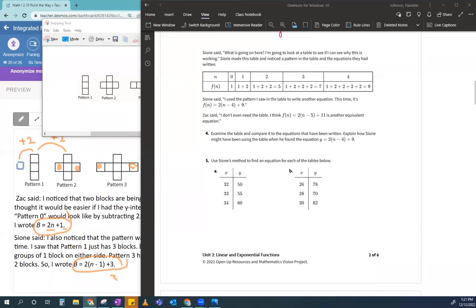How would Sion write 50? Okay, give yourself a second and think about how Sion would write 50 here. And then how she cut it short by writing it like this.